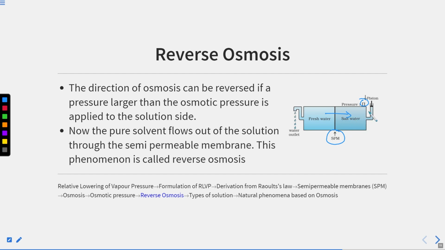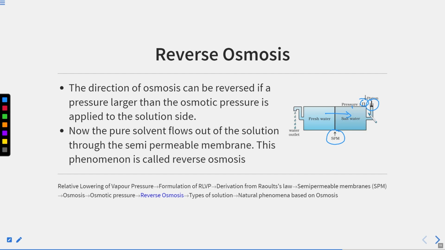Now what happens if we apply a pressure greater than this pi? What we are doing here is taking a piston and applying pressure in such a way that the pressure imposed on this salt water is greater than our osmotic pressure pi.